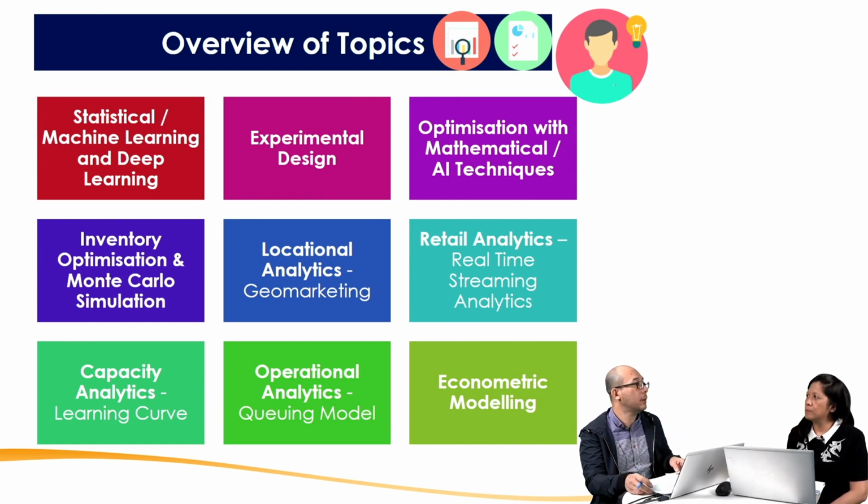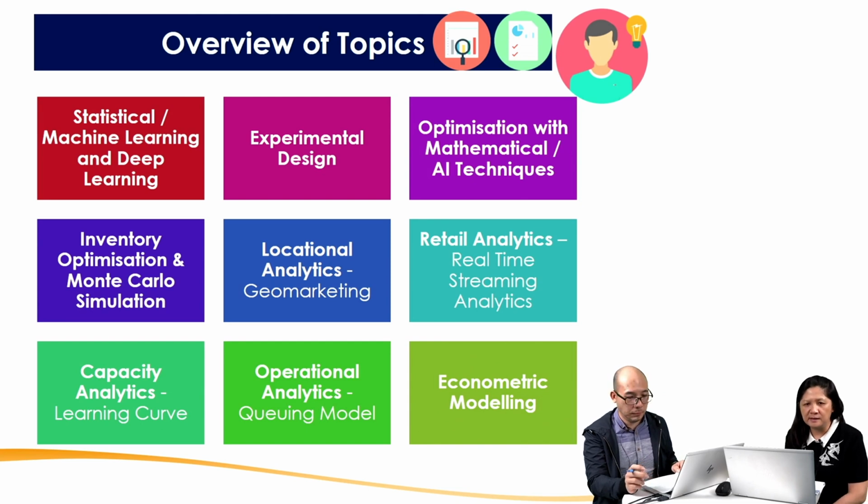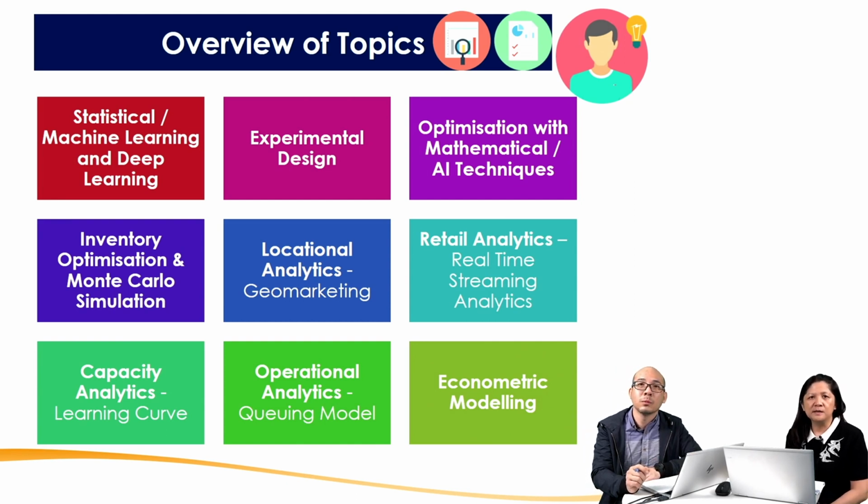How about your topics in terms of the workshop? Okay, so do take note that the topics covered in this course will be focusing primarily on the predictive and the prescriptive or optimization techniques. However, we do need you to be able to use computer software like basic Excel, which most of the workshop will be using.